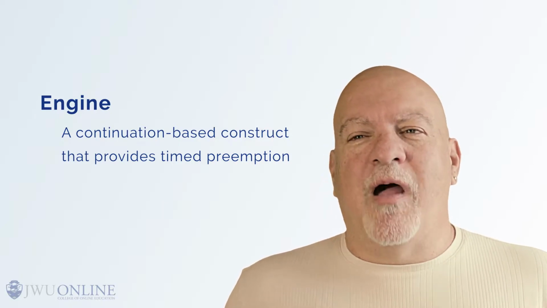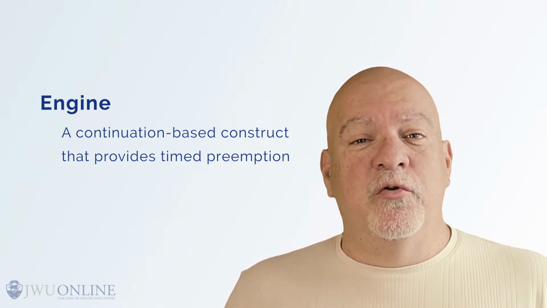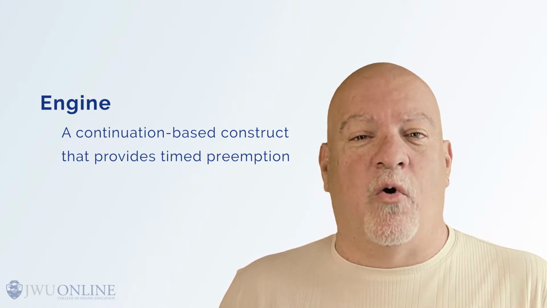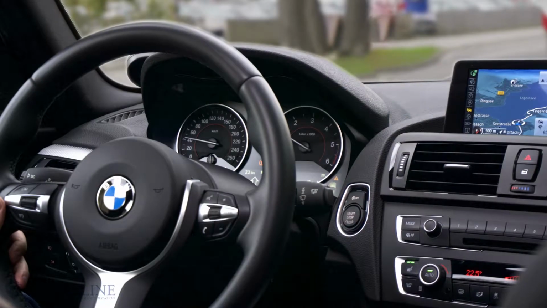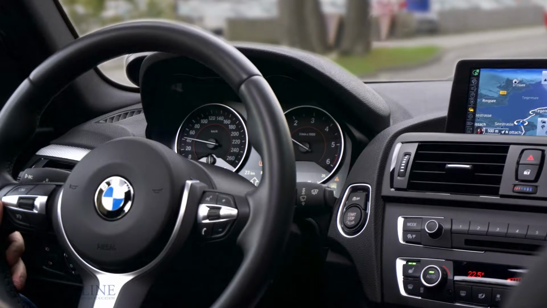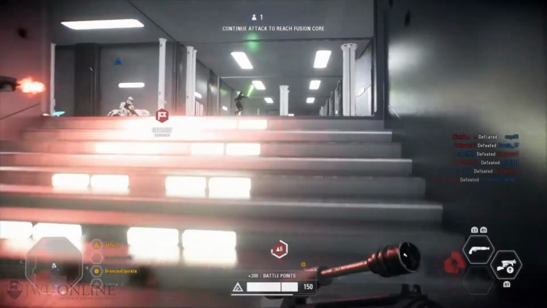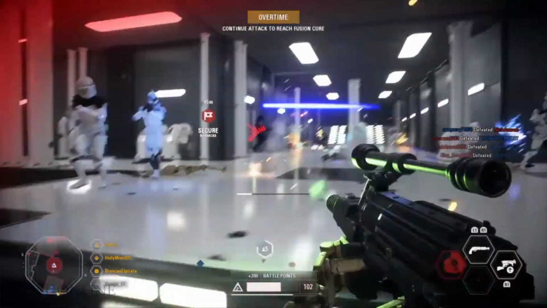Well, you probably don't realize it, but you use engines every day and control logic all the time. Driving assist software that runs in your car, or personal assistant software, video games that you play, and so on. In computer science, the use of an engine is an important design construct.